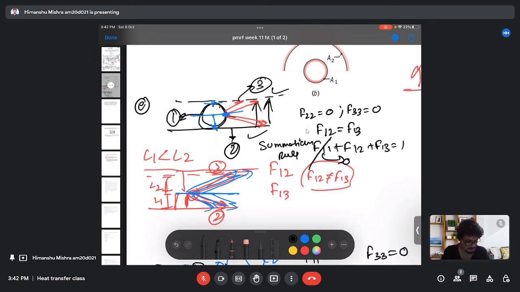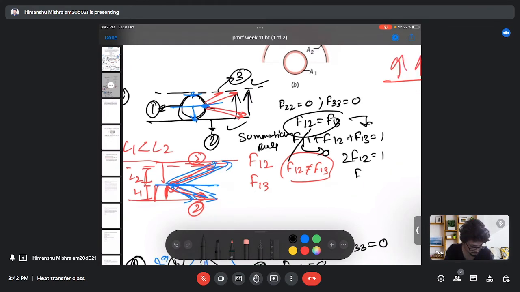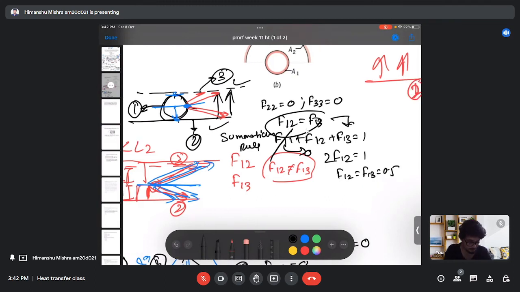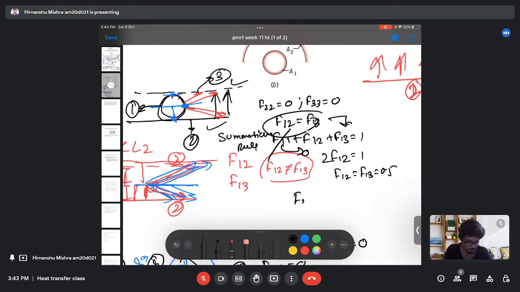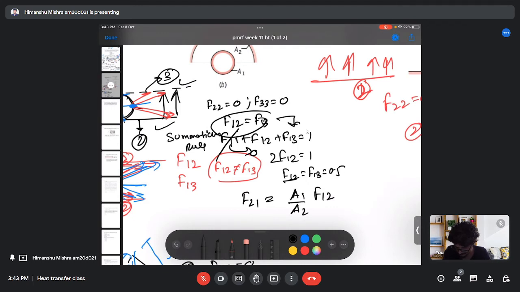And we find this 0. So we put this symmetry rule in the summation rule to find that F12 and F13 are 0.5. And now we know how to find F21, because we got F12, we can just use the reciprocity rule. So this will be my view factor of F21.